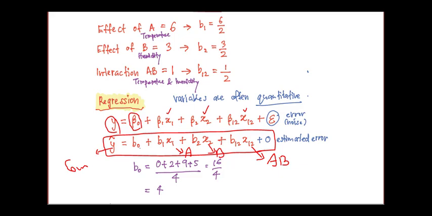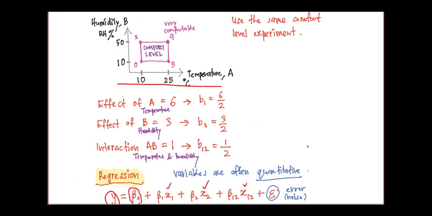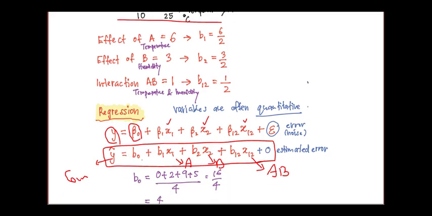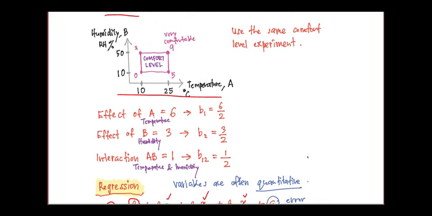How can we find B0, B1, B2, and B12? We need to calculate like this. The effect of A, if you remember, was 6. We have calculated the main effect. To find B1, since we want the average comfort, we need to divide by 2 because we have two factors.